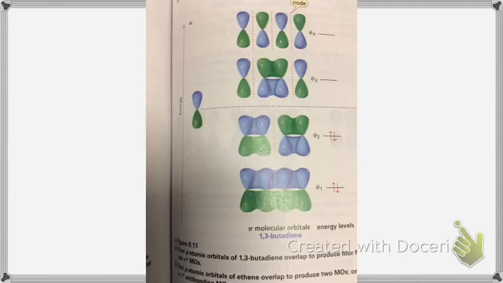And as you can see here, pi 1 and pi 2 are bonding orbitals with electrons, and they both have lower energy than the original p atomic orbitals. Pi 3 star and pi 4 star are antibonding orbitals. They are empty, and both of them have higher energy than the original p atomic orbitals.